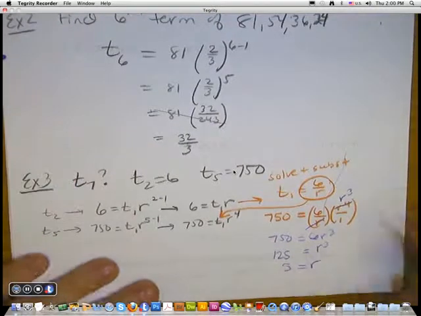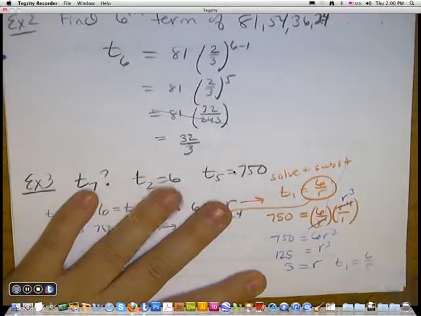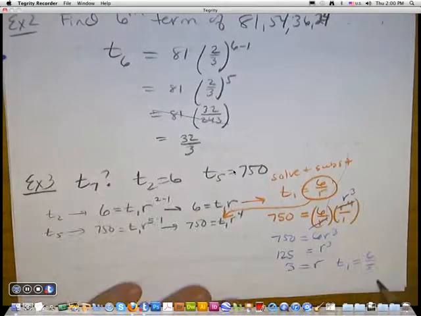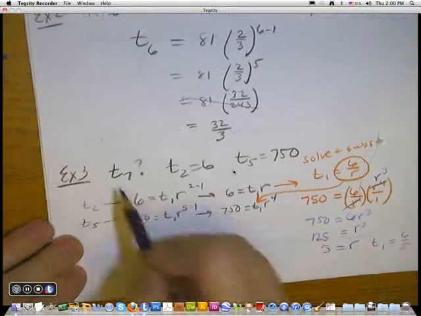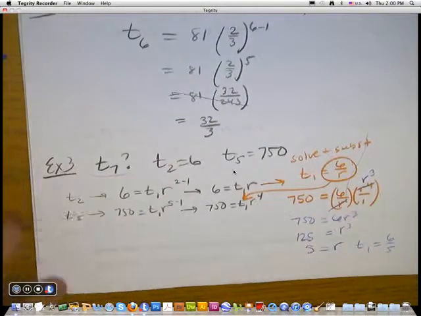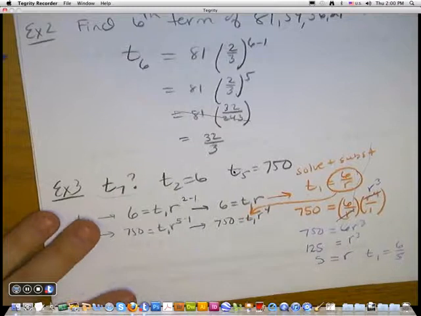I then get to plug that back in and see that T1 then is 6/5. I just plug it back into my R, so 6/5. Now that I know my R and T1, I use it to find my T7. So exact same thing that we did with arithmetic, just using the geometric sequence formula.